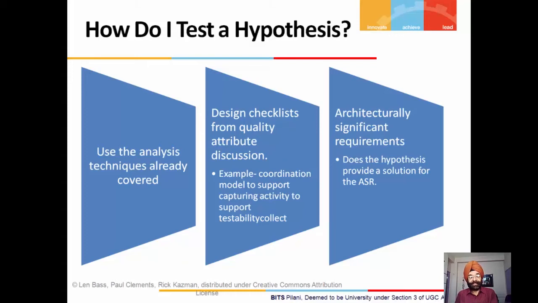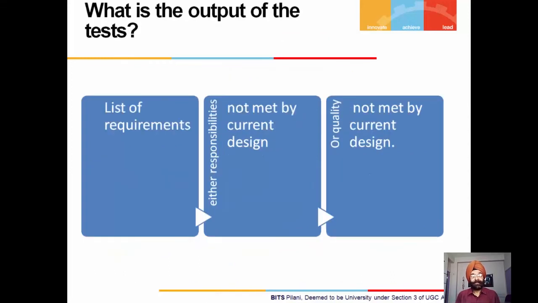So we go into the discussions, we understand the coordination model, we take the ASRs defined by virtue of the quality scenarios, and we verify whether the hypothesis, the design, satisfies the quality attributes measured as we had decided right in the beginning. At the end of it, we get a list of requirements in the form of either responsibilities or quality attributes.